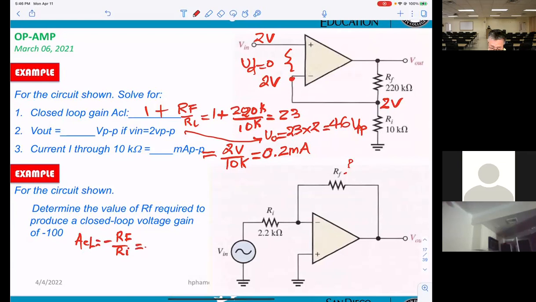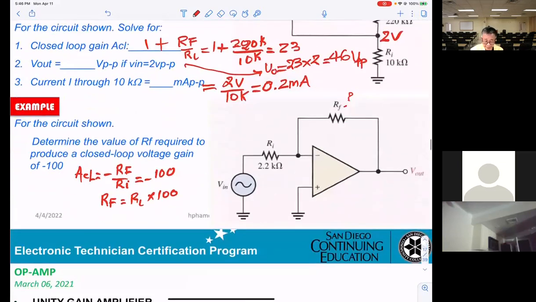And they give you minus 100. You already know RI, that's why you can calculate RF: RI times 100. Okay, that's an easy one.